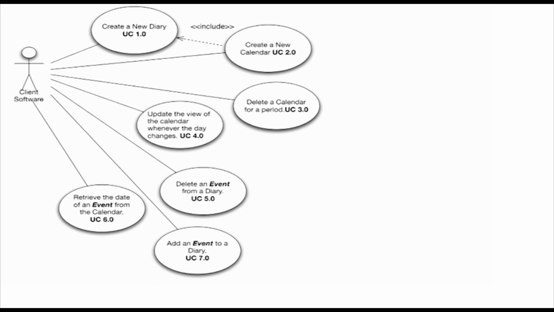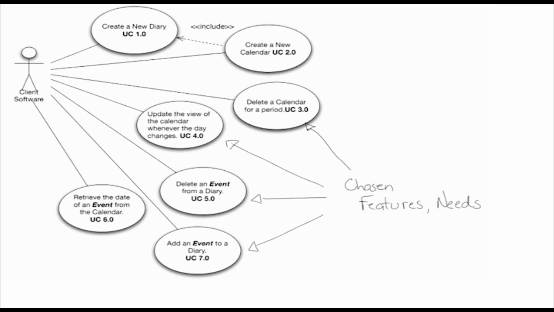This is an example of a use case diagram. Each of the bubbles represents a task that the stakeholder, in this case the client software, called an actor, will need to undertake. In our use case diagram, we've chosen a number of different activities that our diary and calendar must take.